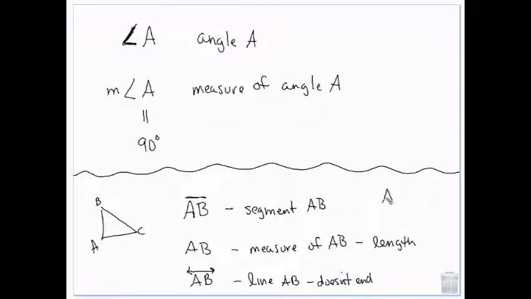And if I put a single arrow over it like that, it's the ray. It ends over here and points forever in the other direction. So that's what those symbols mean. If it has no line over it, it's talking about the length, and we're going to use that kind of a lot.